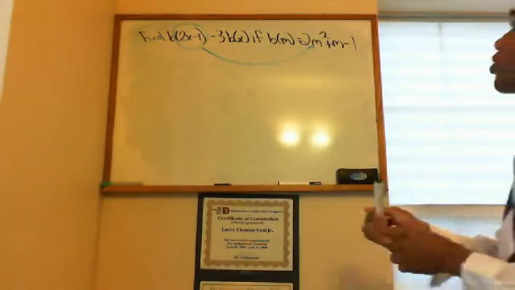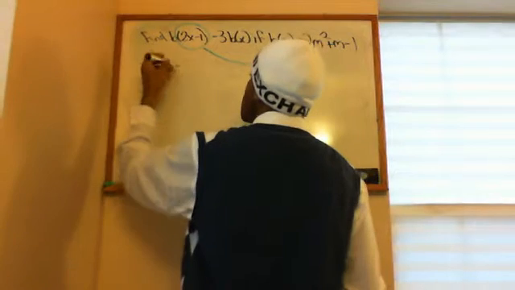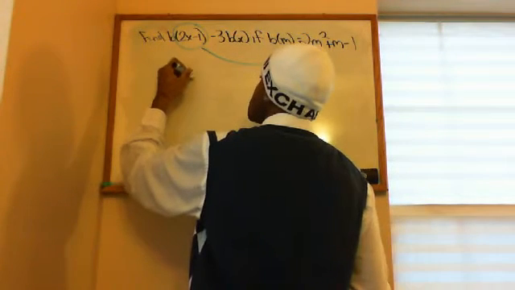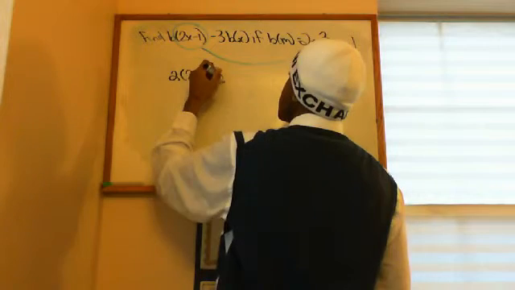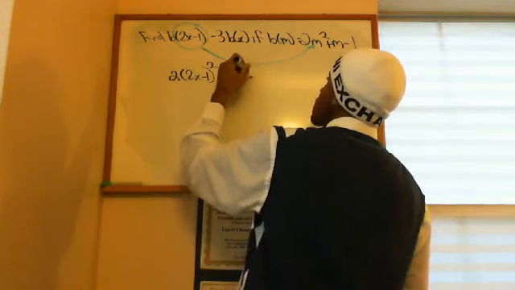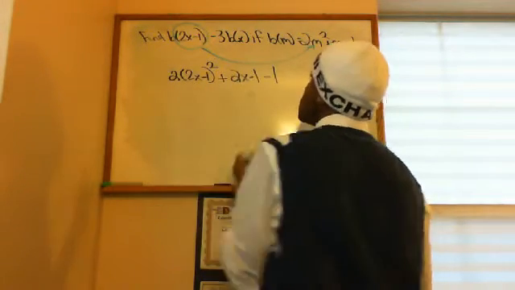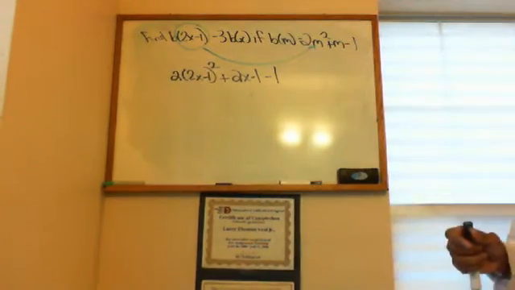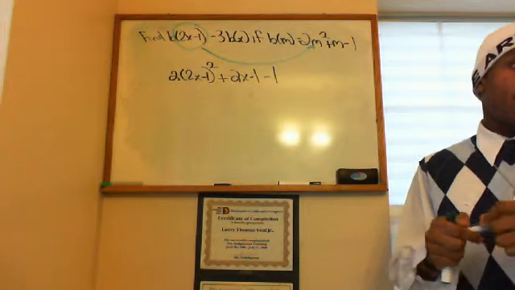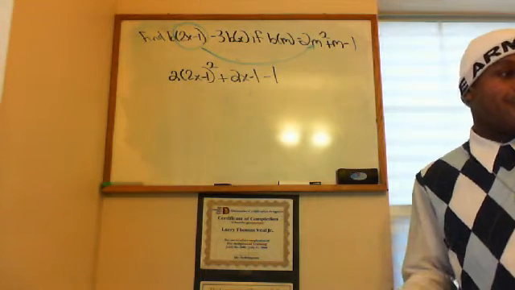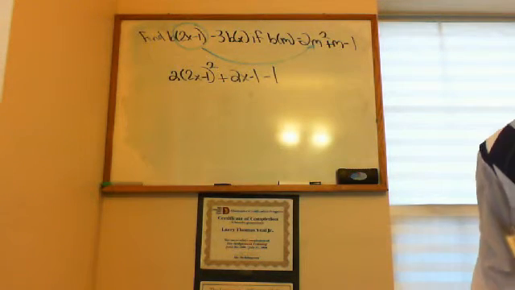So in this case, it would be 2 times 2x minus 1 squared plus 2x minus 1 minus 1. Now, what would 2x minus 1 squared be if you foiled it out all the way? I have to work that out.